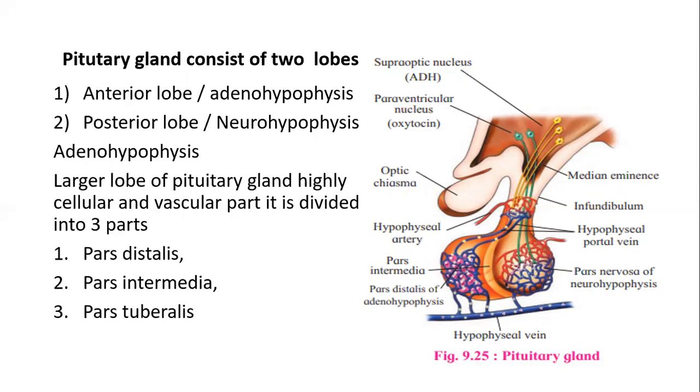Let us see first the adenohypophysis. Adenohypophysis is an outgrowth from the roof of the buccal cavity.